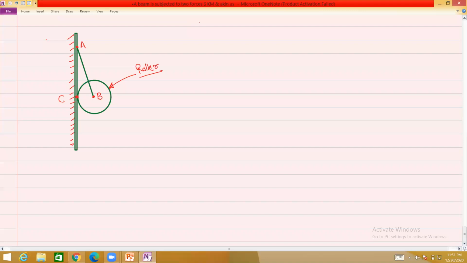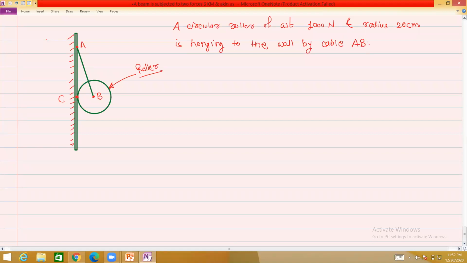The statement for this problem is: a circular roller of weight 1000 Newton and radius 20 centimeter is hanging from the wall with the help of a cable AB, as shown in the figure.